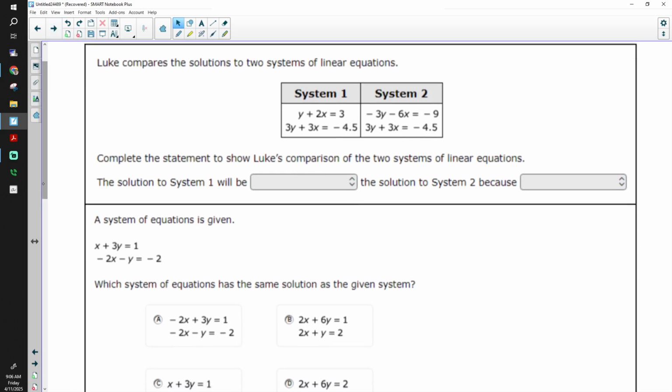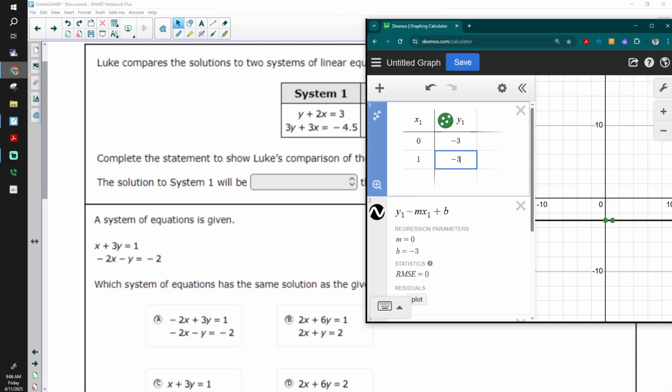Okay, Luke compares the solutions to two systems of linear equations. Complete the statement to show Luke's comparison of the two systems of linear equations. The solution to system 1 will be, and the solution to system 2 will be. So it is time to plug and chug.